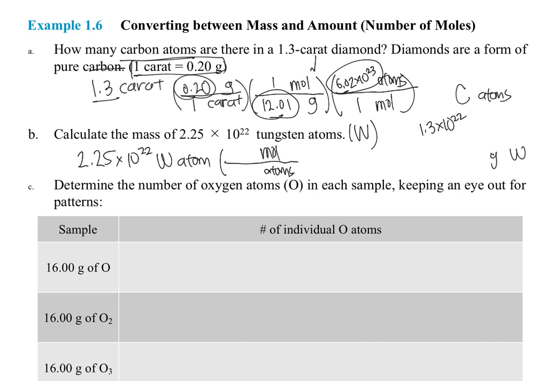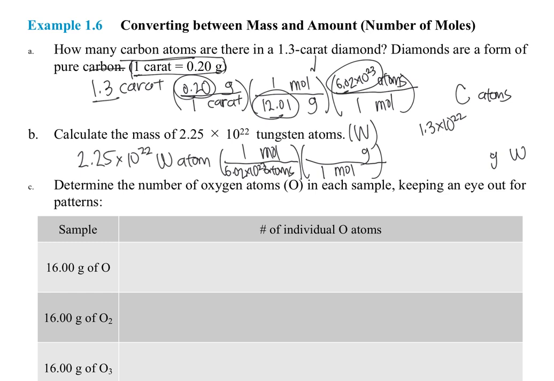Since we're already dealing with a pure element, we're not in molecules or anything, we are good. So again, 1 will go with moles, and Avogadro's number will come up here with atoms. Now that I'm in moles, I want to go to grams, so I'm going to do 1 mole and grams up top. What is the molar mass of tungsten? You're going to want to look at your periodic table. Take a quick peek.